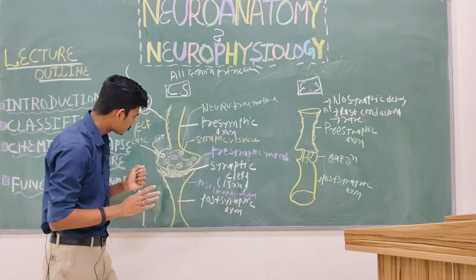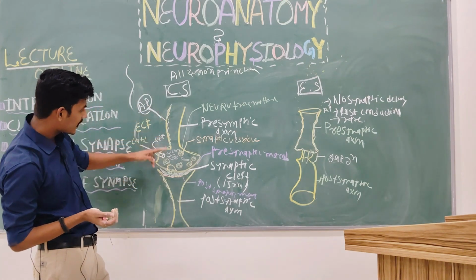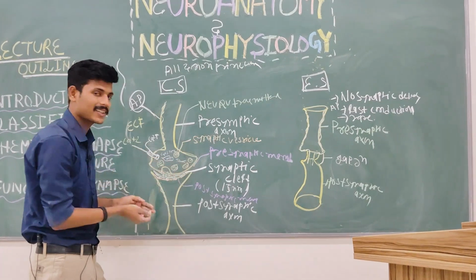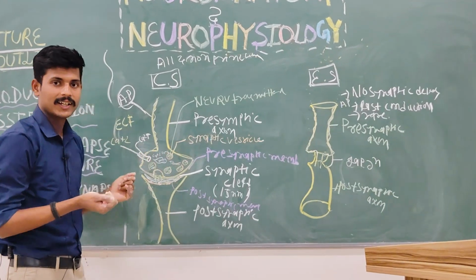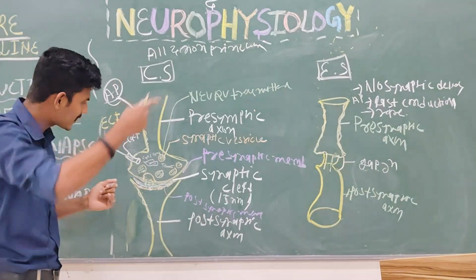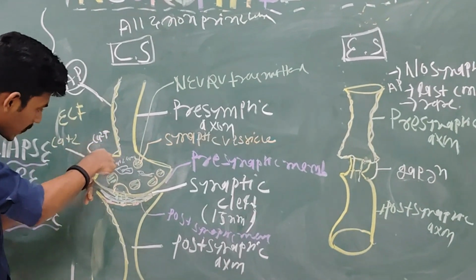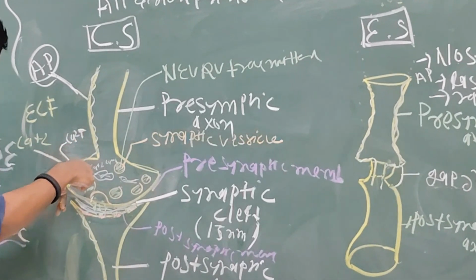Now what happens when the action potential comes? It switches on these channels: calcium channels, sodium channels, voltage-gated and ligand-gated channels, which we will discuss in the next part of this lecture. For a while, they activate the calcium channel.